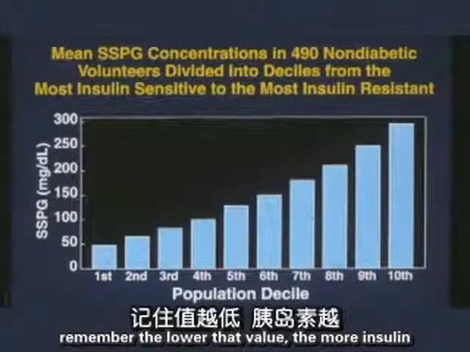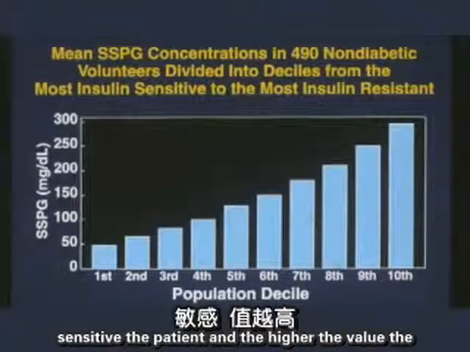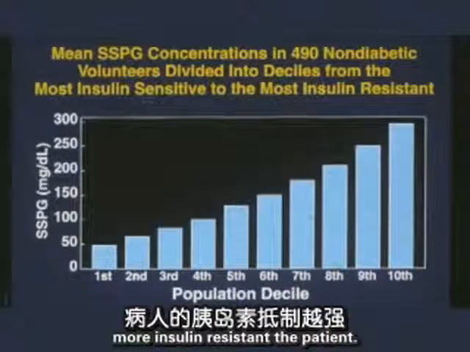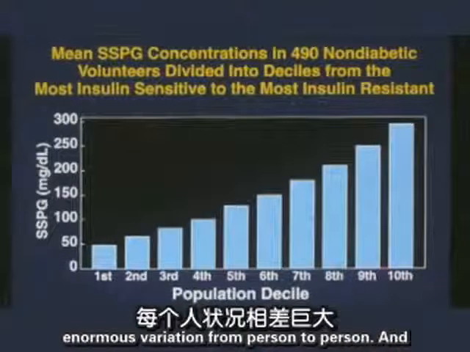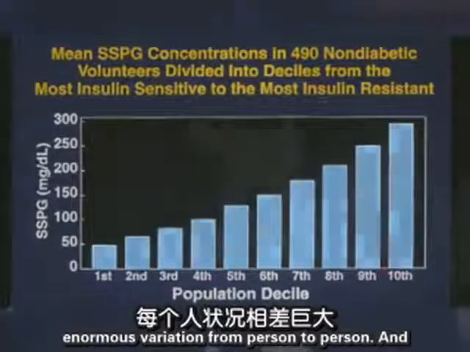And remember, the lower that value, the more insulin sensitive the patient, and the higher that value, the more insulin resistant the patient. What you can obviously see is that there is an enormous variation from person to person.